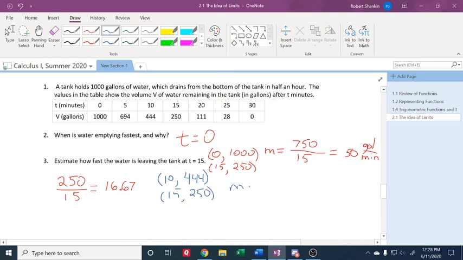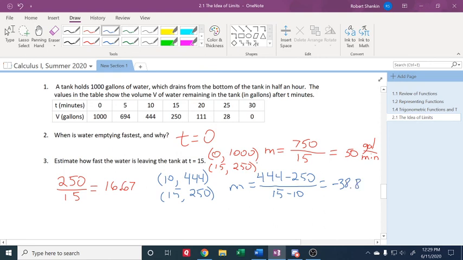And then the slope is the difference over the difference. And then what does this turn out to be? It's negative 38.8, which is negative 194 over 5.